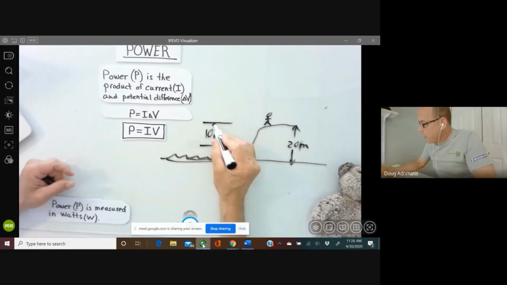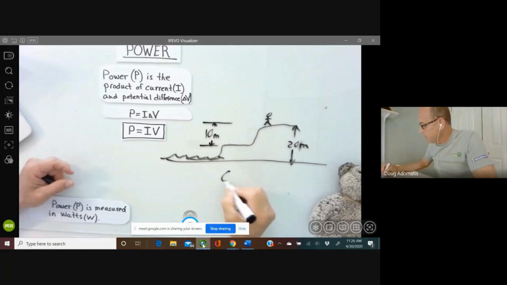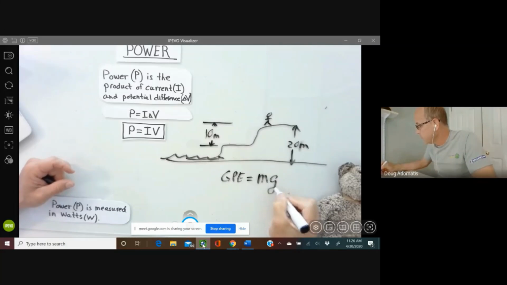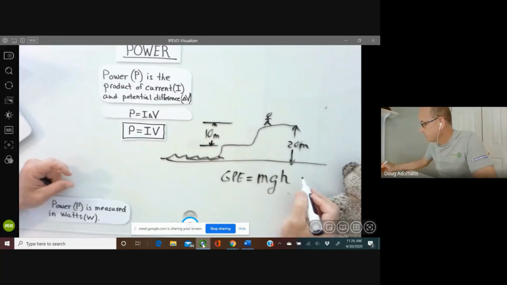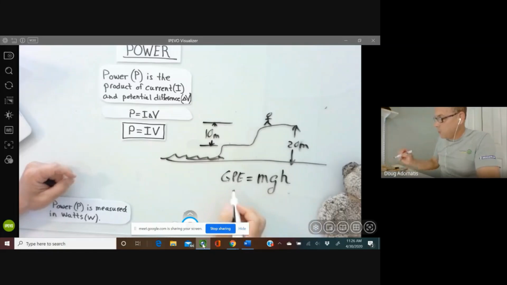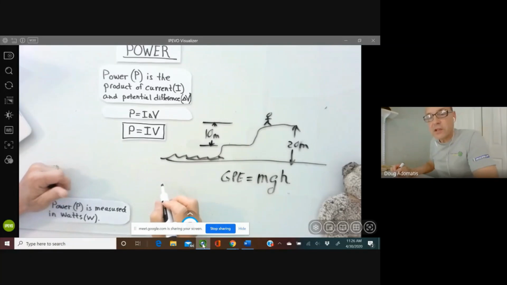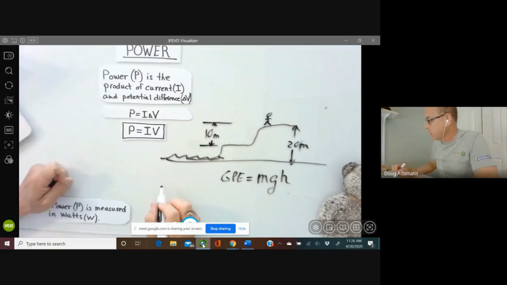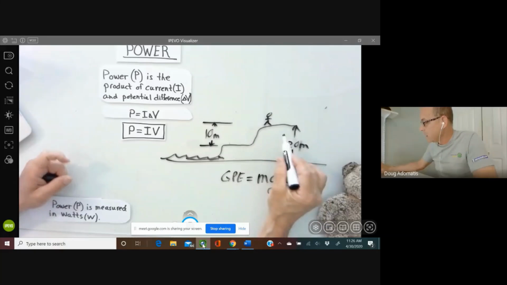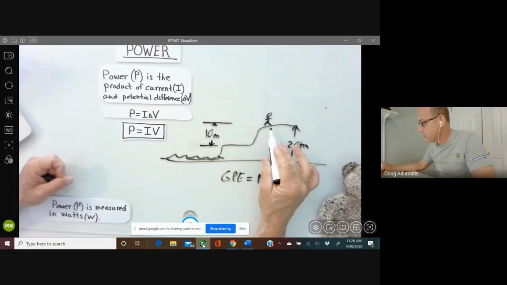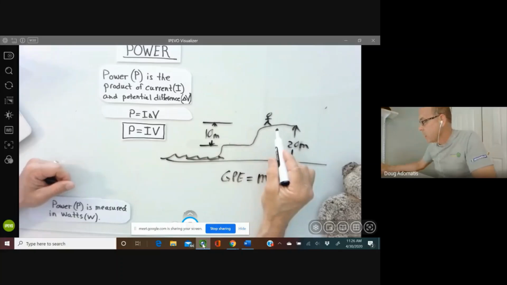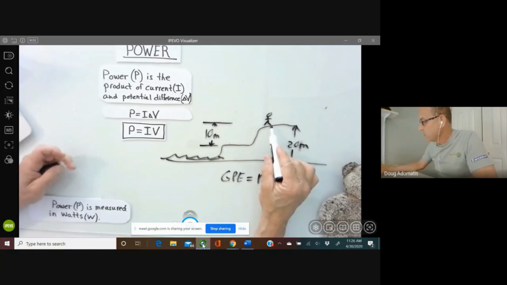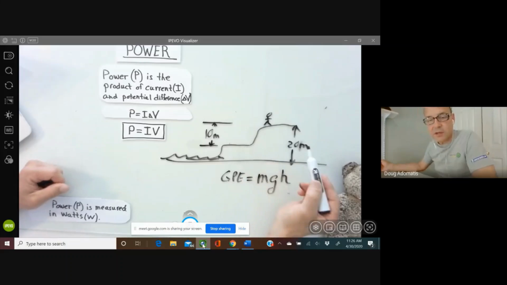So if I ask you what your gravitational potential energy is, it'd be your mass times the acceleration of gravity times the height. You would have to say, well, Mr. A, are you talking about what is my GPE relative from where my location is currently to the lake? Or from the cliff down to the beach?